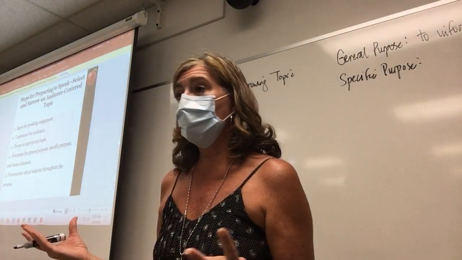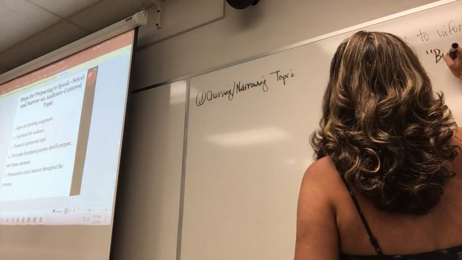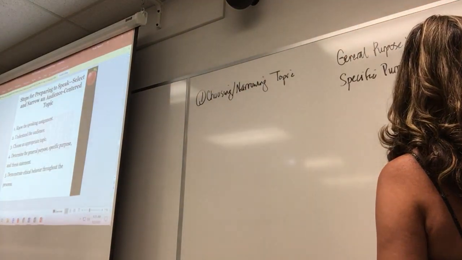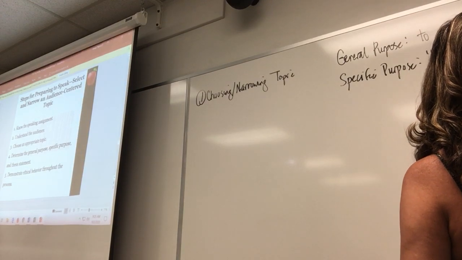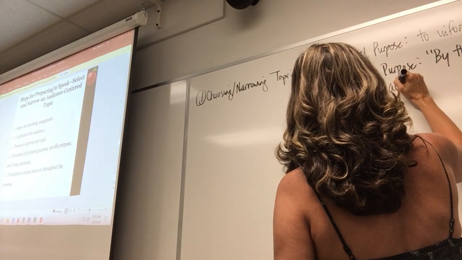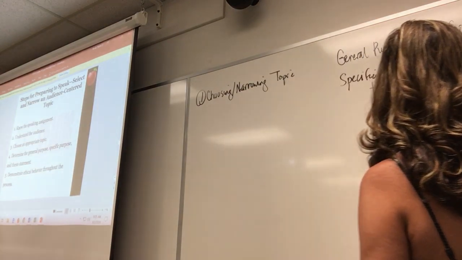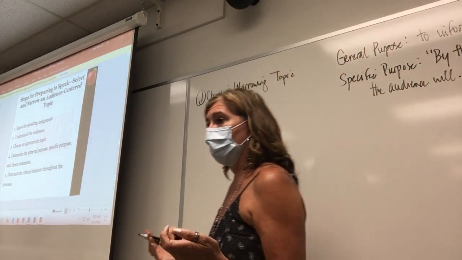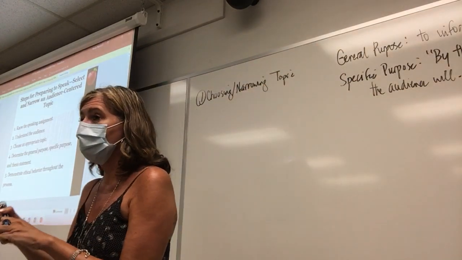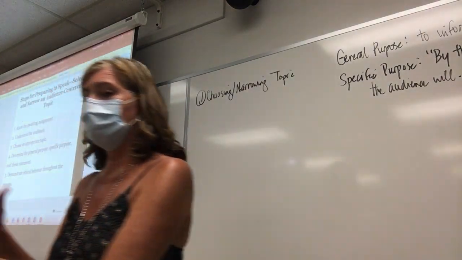And I think the best way to write that is with this: by the end of my speech, the audience will, and then fill that in. So it's very specific about what your goal is for the audience.